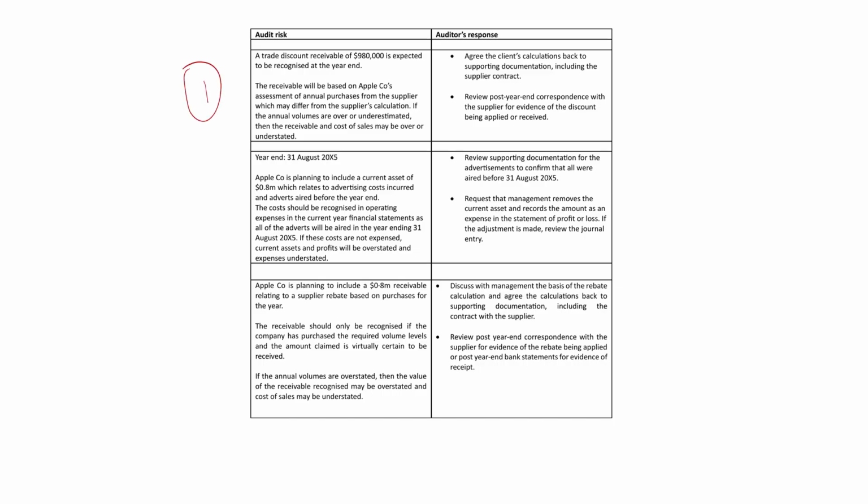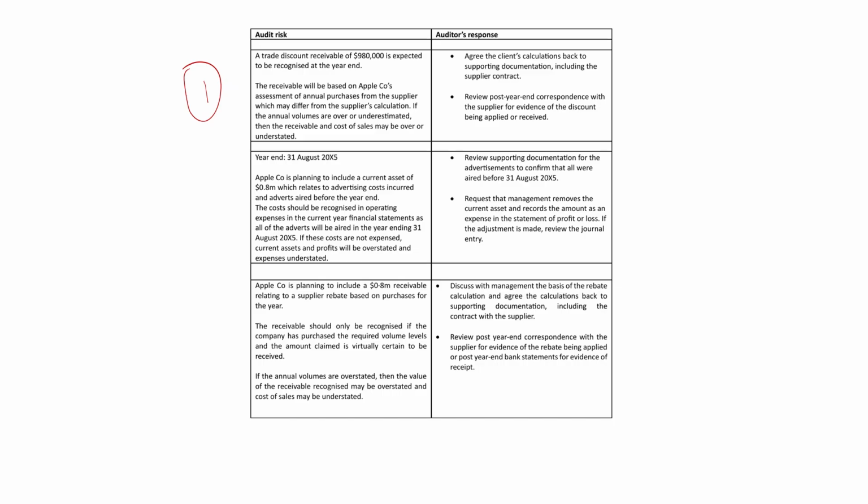A trade discount receivable is expected to be recognized at the year end. Now, the receivable is going to be based on their assessment of annual purchases from the supplier, which could differ from the supplier's calculation.